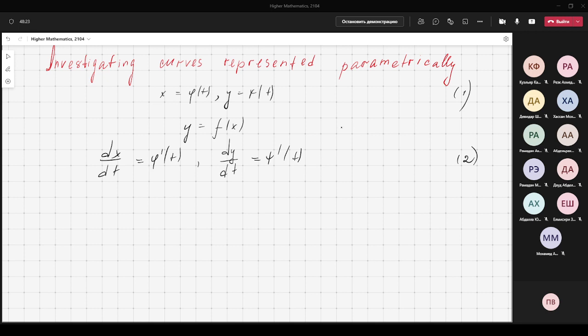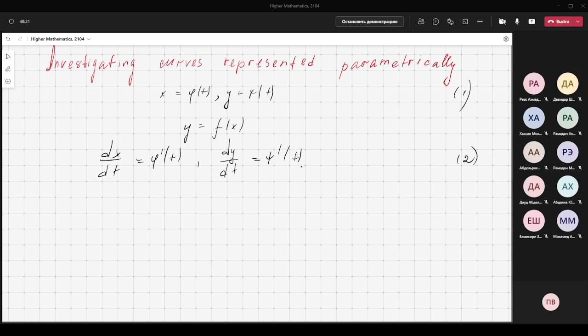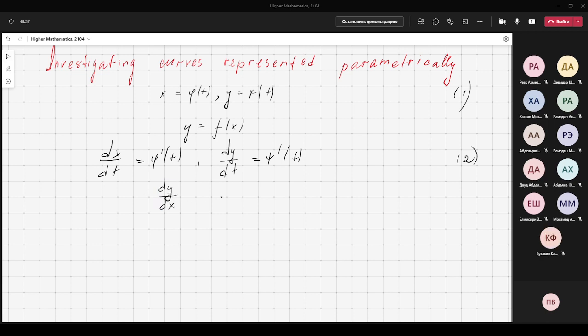For those points of the curve near which it is the graph of a certain function y equals f of x, evaluate the derivative dy over dx equals psi prime of t over phi prime of t, formula 3.